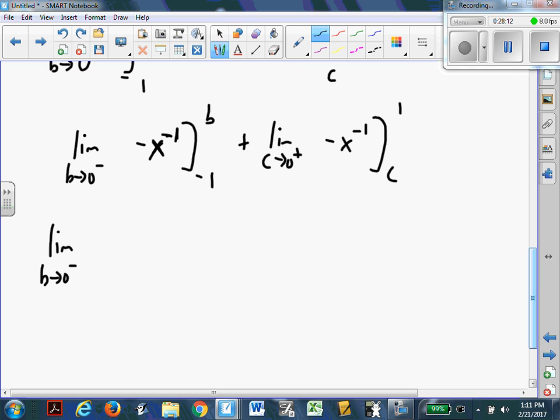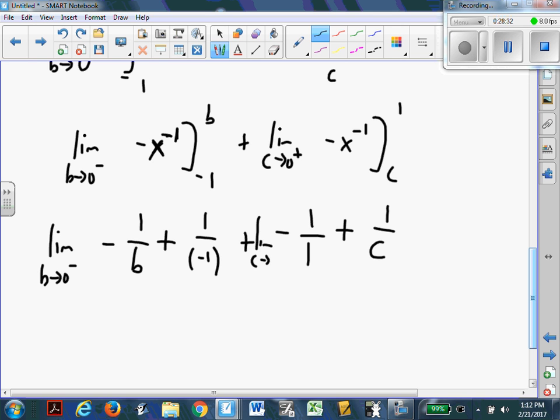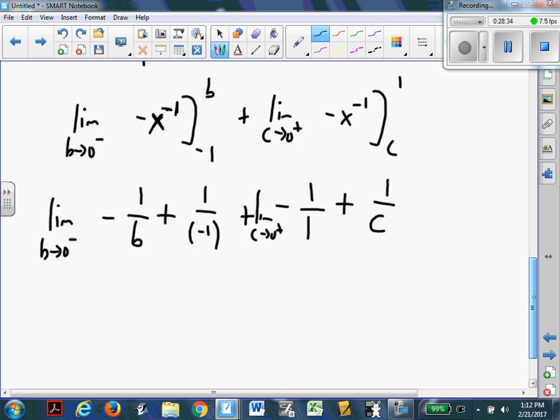X to the -1 is 1 over x. So we get negative 1 over b minus negative 1 over -1. Here we get plus, then we get negative 1 over 1 minus negative 1 over c as c goes to 0 from the right. And here's the problem.